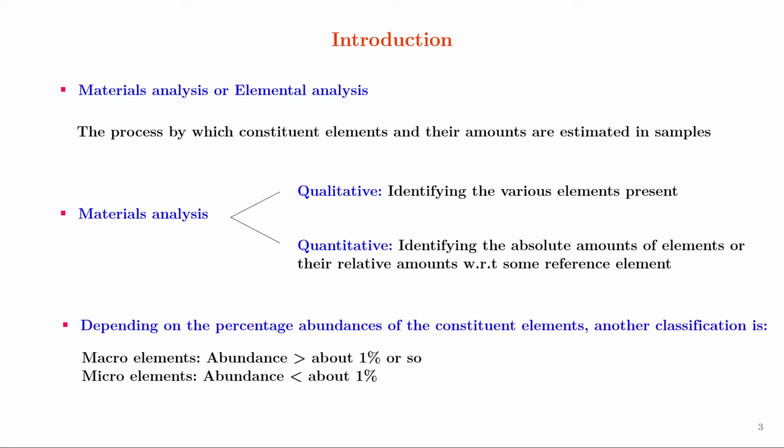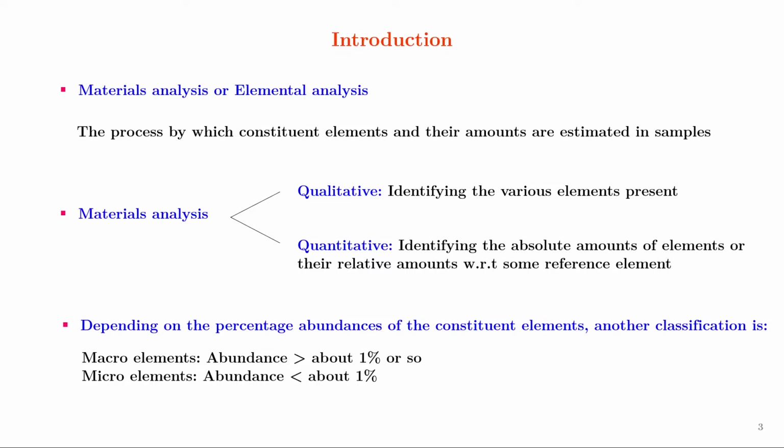Depending on the percentage abundance of the constituent elements, they may be classified broadly into two categories: macro elements with abundance greater than about 1% or so, and micro elements with abundances less than about 1%.